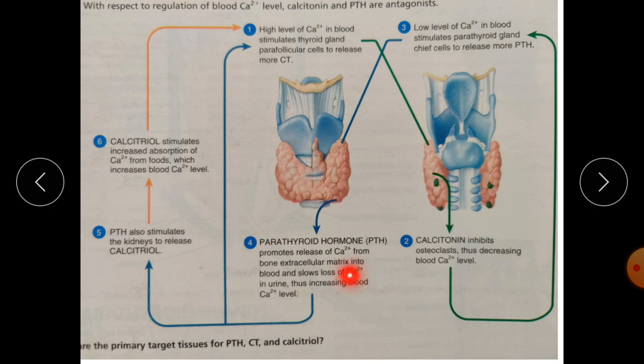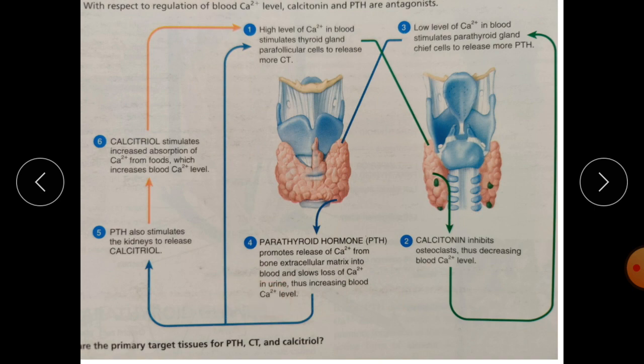And also what it will do, it slows the loss of calcium into the urine, means it will also give the order to the kidney to increase the reabsorption of calcium into the blood, thus increasing the blood calcium level.